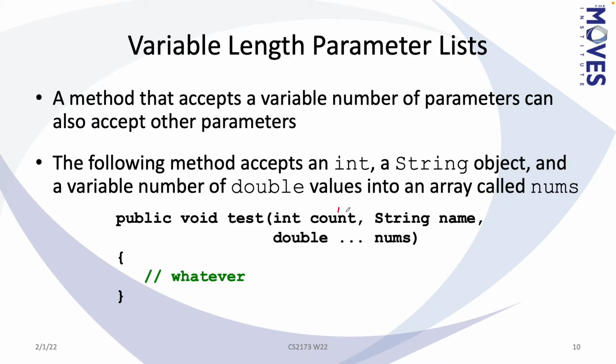So here I can have a count, a name, and then however many, zero or more, doubles. So a var_args makes it optional. If I have a var_args, I can actually pass nothing there, and that will be legitimate. What it will do under the hood is create an array, in this case an array of doubles of length 0.